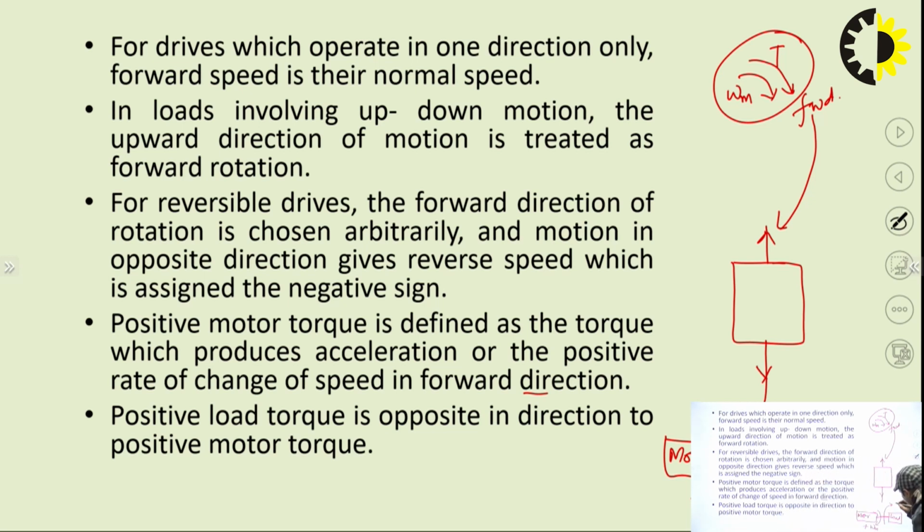So the load torque has positive direction opposite to the motor torque and motor speed in the positive direction. This is Tm, the motor torque, and this is TL, the load torque. So the positive load torque is opposite in direction to the positive motor torque.